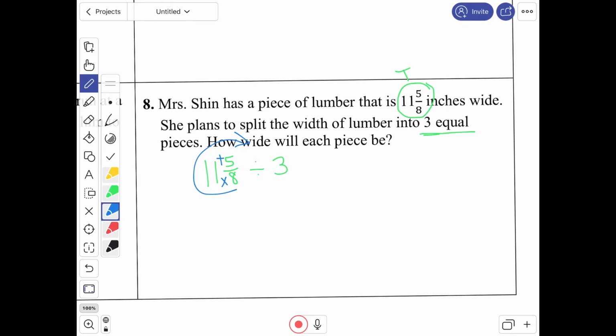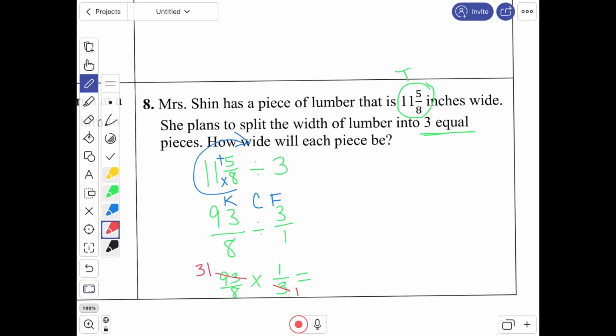So 8 times 11 is 88 plus 5, 93 over 8 divided by 3 over 1. And then we want to do keep, change, flip. 93 over 8 stays the same. Change to multiplication. And flip to 1/3. Well, 3 and 93 can both be simplified by 3.